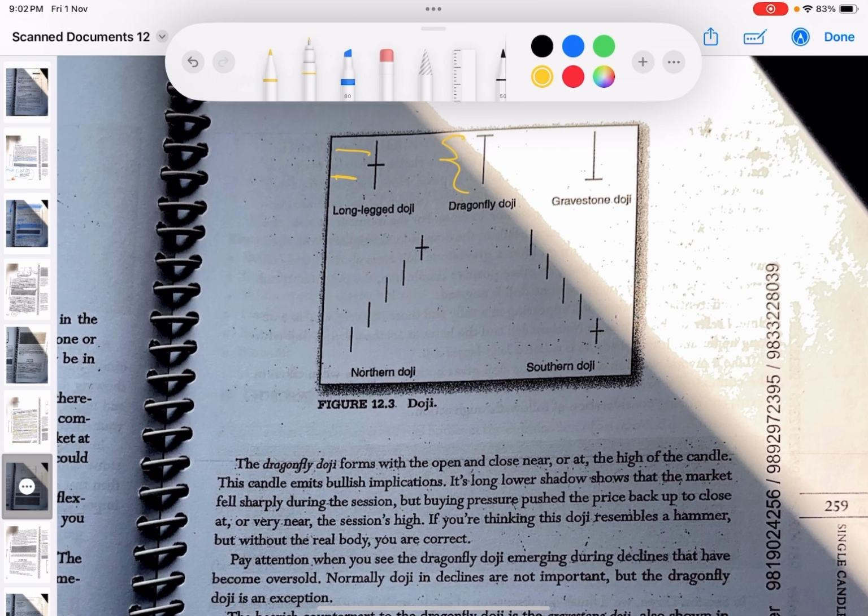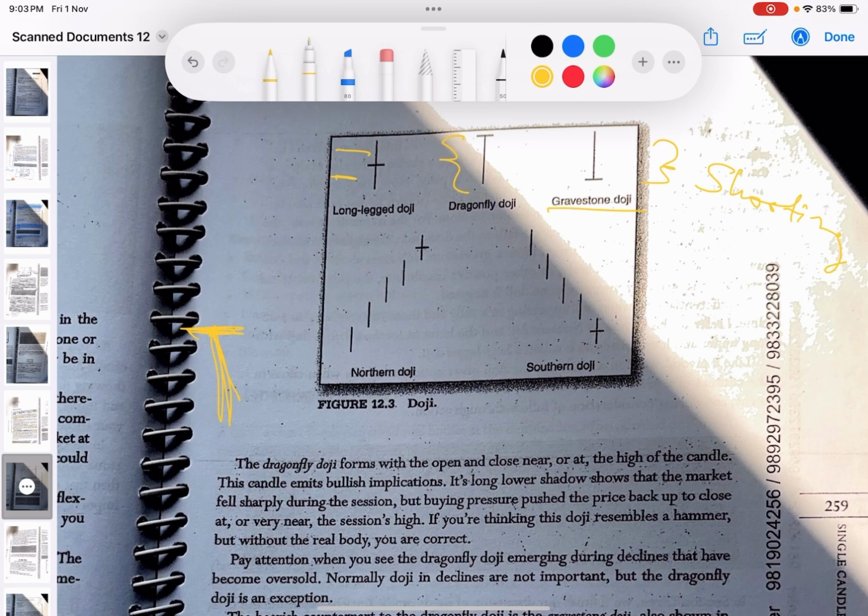Because it has a very long wick. Gravestone doji is similar to a shooting star. I know the name depicts a person in a grave, but just remember it by shooting star. So long-legged doji has two long wicks, gravestone doji has one upper long wick, and dragonfly doji looks like a T.